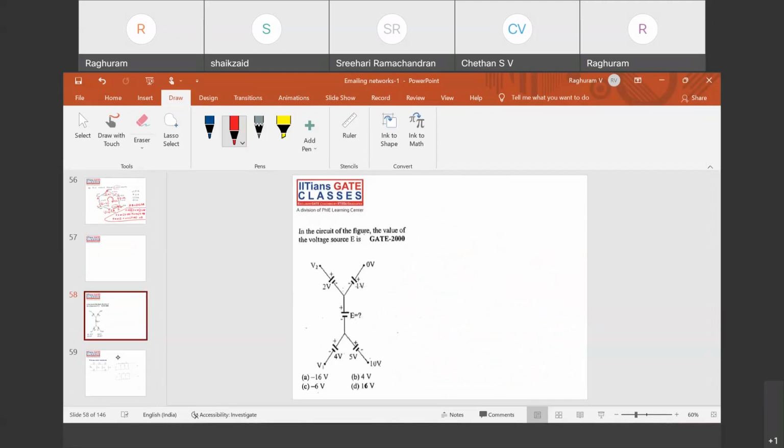Now in the circuit in the figure, find the value of voltage source E here. Do this, everyone. Try to do this. Very important question. Are you able to see the screen, everyone? I need responses.